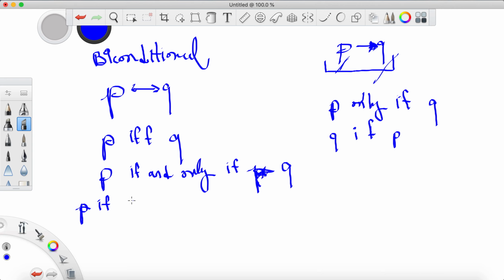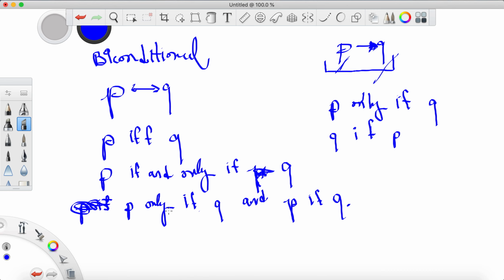Perhaps one way to read this is P only if Q and P if Q, right? So I just took this last sentence and sort of just rewrote it.